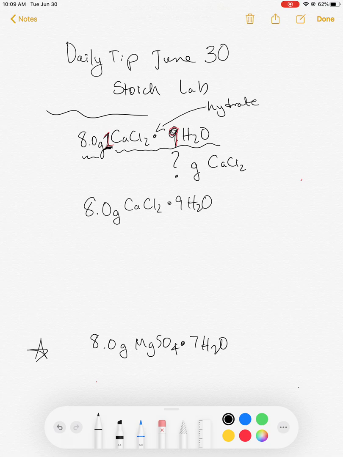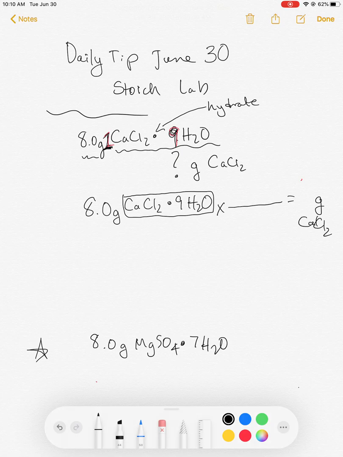All you have to do is just heat up the hydrate. So your question has different numbers, but I'm going to use 8 grams of calcium chloride nonahydrate. This is the formula for that hydrate.